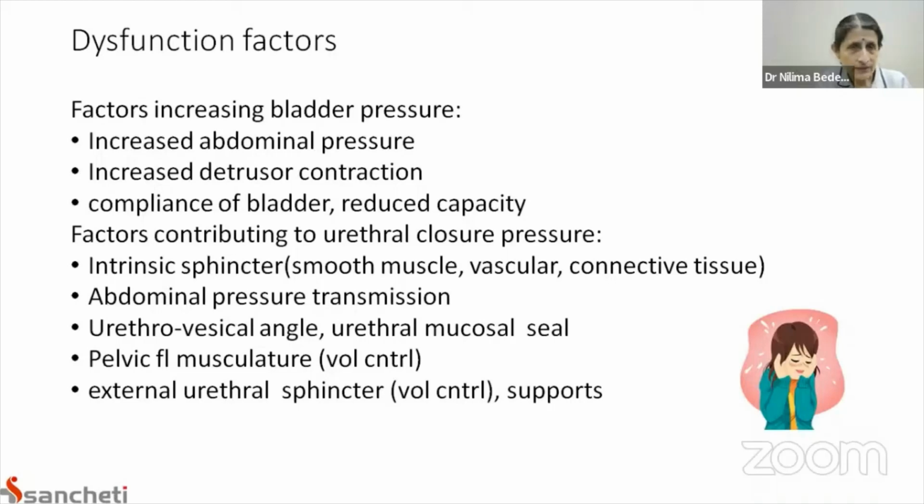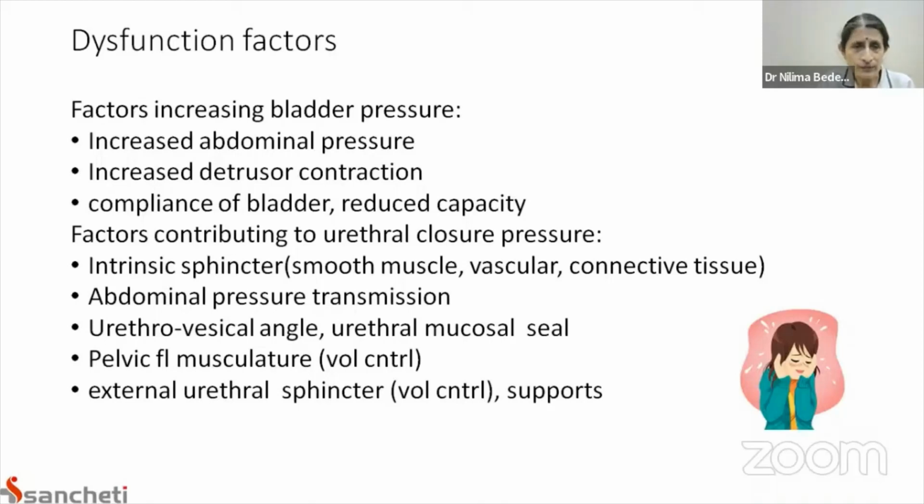What are the factors which increase the bladder pressure? With reduced volumes also, the pressure is going to increase. There are various factors which contribute to the urethral closure pressure. The intrinsic sphincter is a factor where that closure pressure will be maintained.